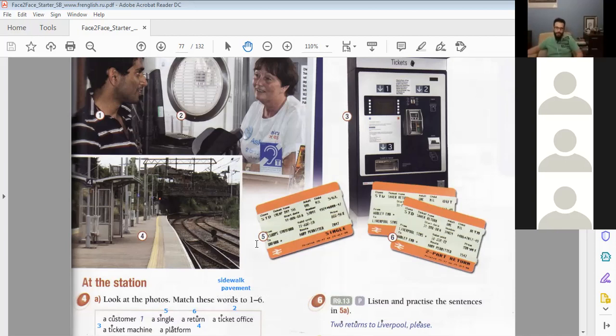دكتور ممكن توضح لي نعم. 5 و 6 single و return. صراحة ما فهمتهمش. Okay. In number 5, this is a single ticket. So single ticket, it means it's one way. It's a one-way ticket. So for example, if you want to go from London to Liverpool.